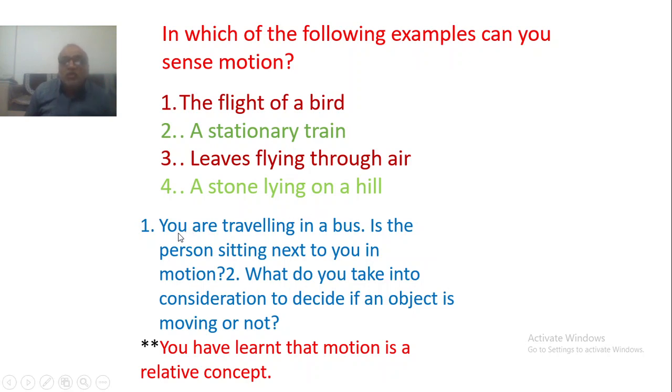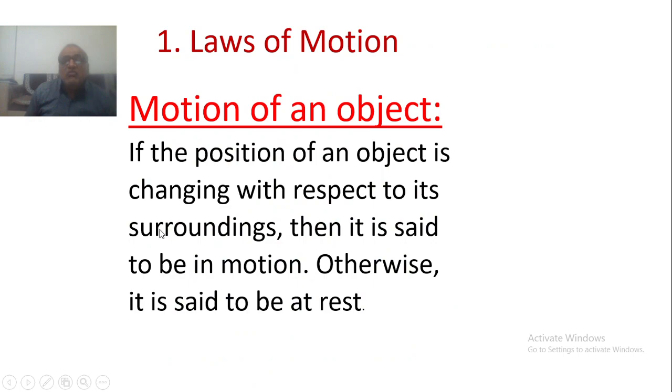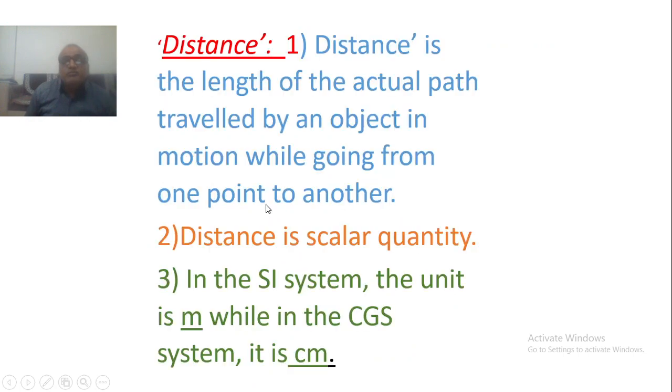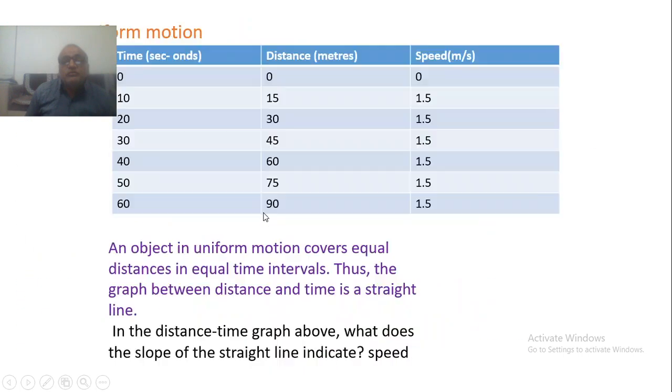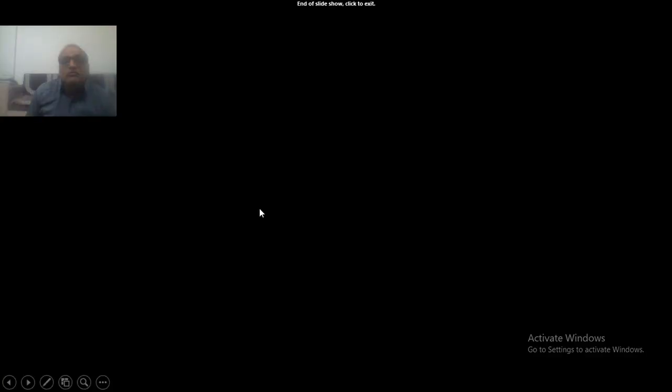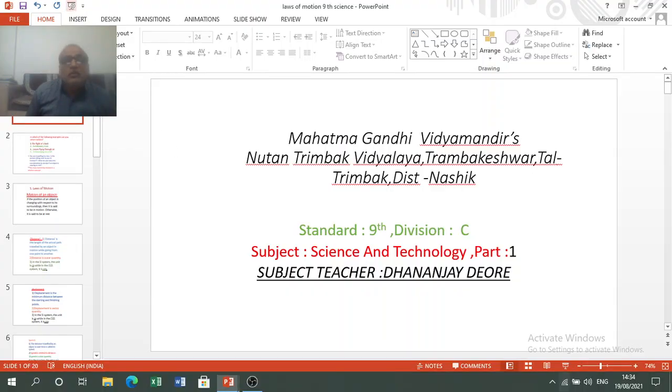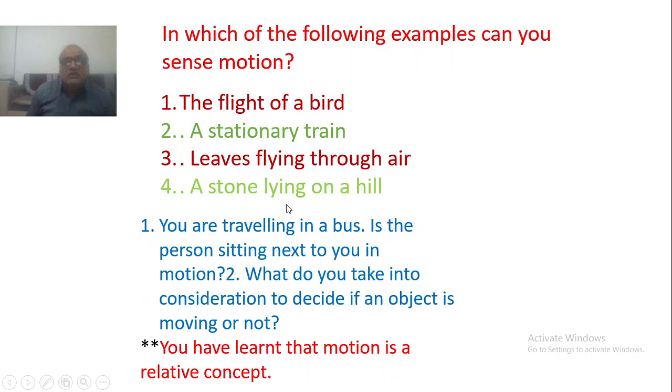Now, see the second example. You are traveling in a bus. Is the person standing next to you in motion? No. With respect to me, he is not in motion.